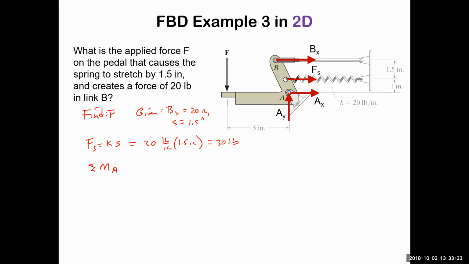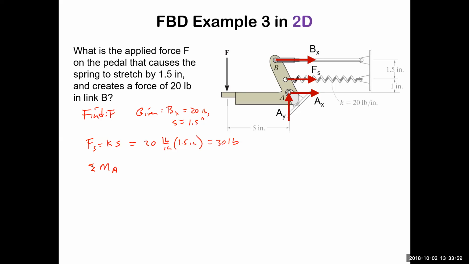Well, having done that, we could find the sum of the moments. This is kind of a good question. If we're just trying to find that force F, do all agree that the place to do that is to find the moment about A?